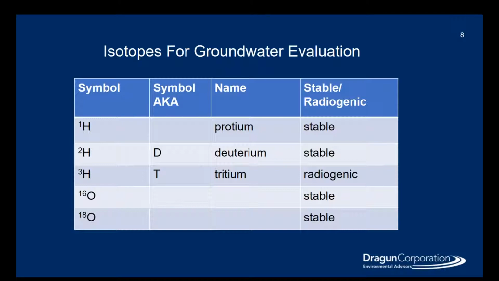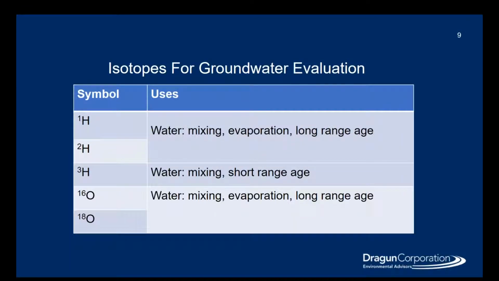Oxygen, we mainly deal with 2 isotopes, oxygen 16, which is the common isotope, and oxygen 18, which is the heavy isotope. So on the right column, you see whether it's stable or radiogenic, and all of them except tritium are stable. Tritium spontaneously decays, and we'll talk about that in a few minutes.